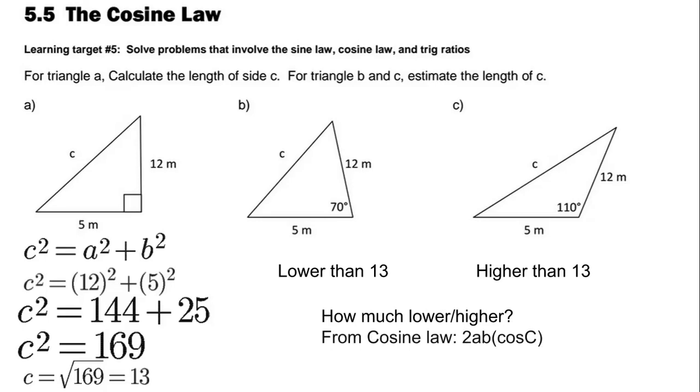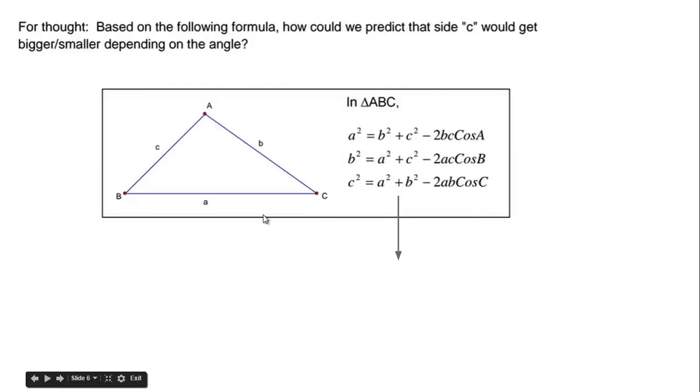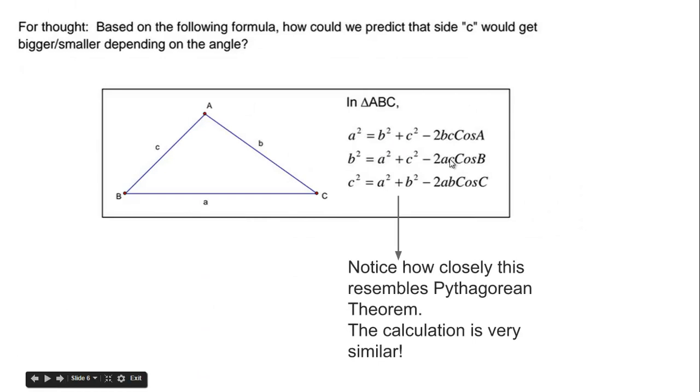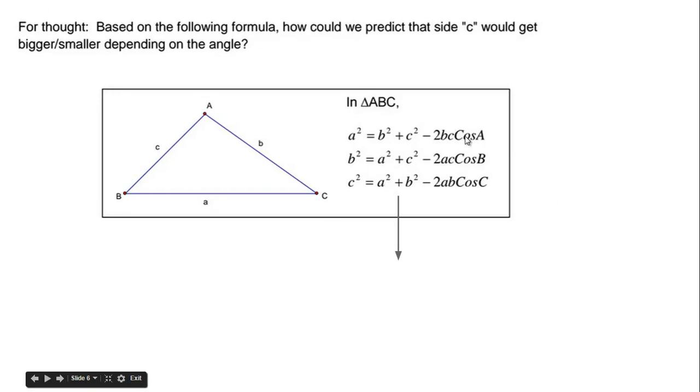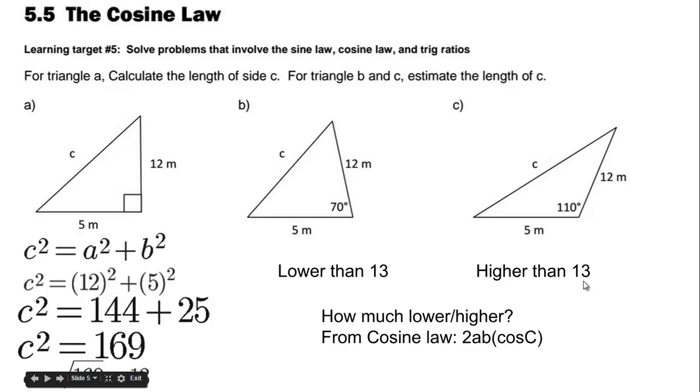And so the answer is actually from the cosine law. It's 2ab cosine C. Now it's not exactly how much lower or higher, because that's actually before you take the square root. But the cosine law actually does that, where you subtract 2ab cosine C. And so the question then is, how does it get higher?